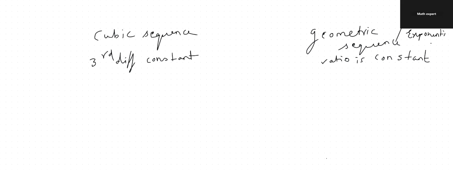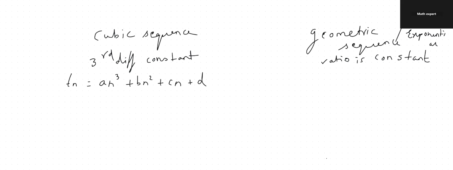Okay, when you have to find the nth term of the cubic sequence is this very simple formula. Cubic means the highest power is 3. So you just have to do an cube plus bn square plus cn plus d. Now how do you find a, b, c and d?